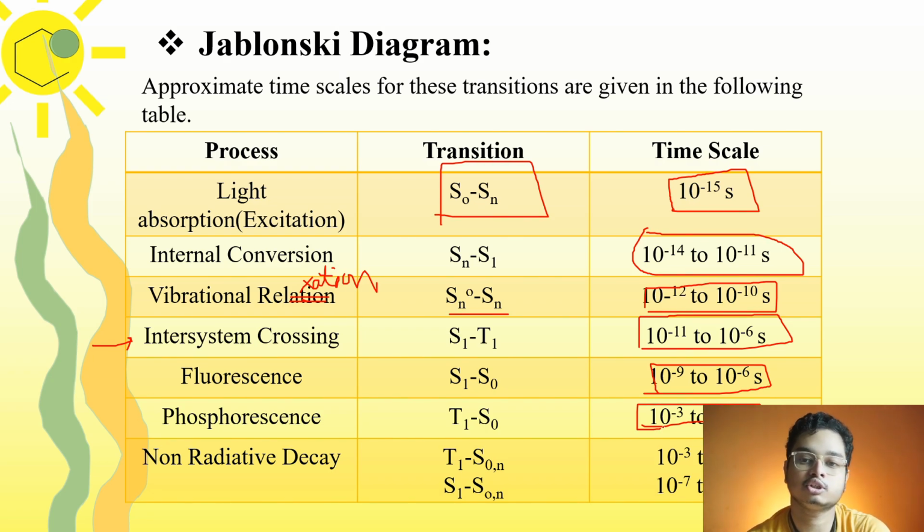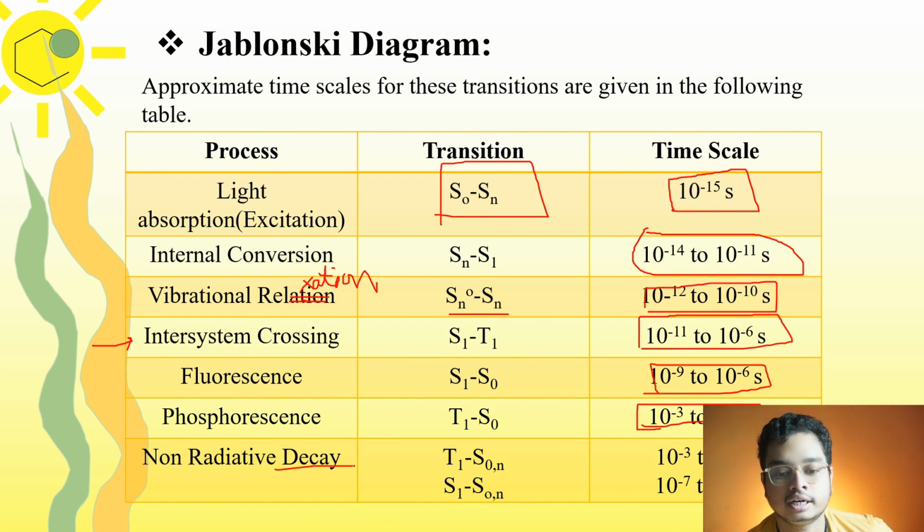These show phosphorescence, and coming back from the excited triplet state to the singlet ground state takes a much longer time, from 10 to the power minus 3 to 100 seconds. Even sometimes it takes some days.